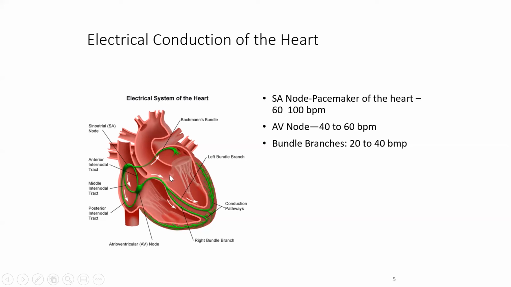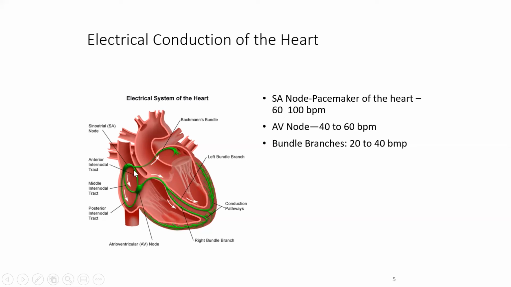Then the current is sent through what we call the bundle branches. We have the left bundle branch and the right bundle branch. Now, the rate for the bundle branches is 20 to 40 beats per minute.